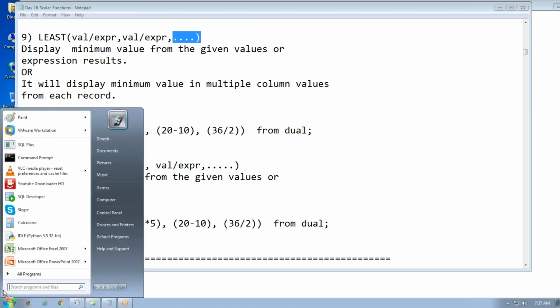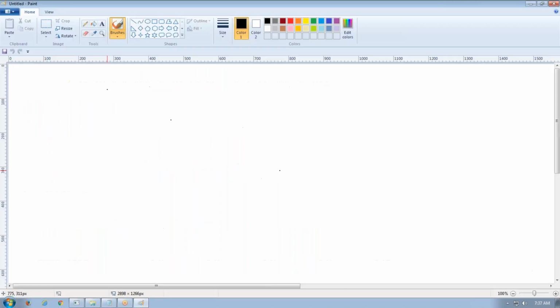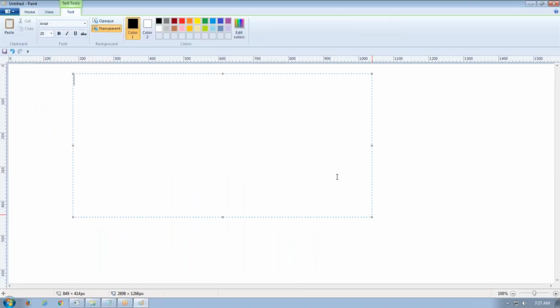Hold a moment, I want to give you some clarity here. It's most important. Suppose you have salary, commission, bonus, DA, TA, HRA.